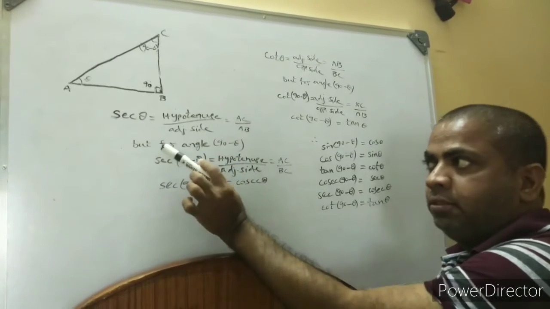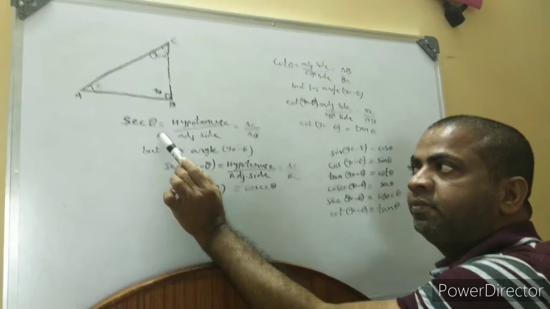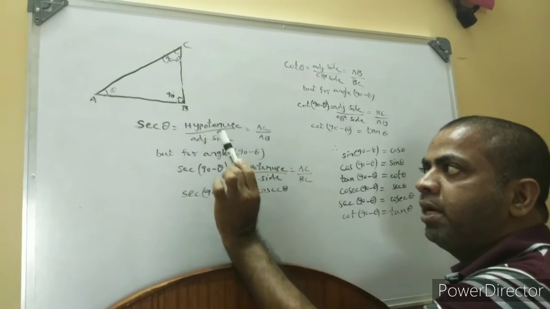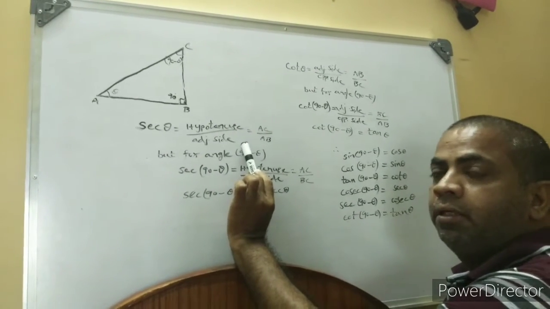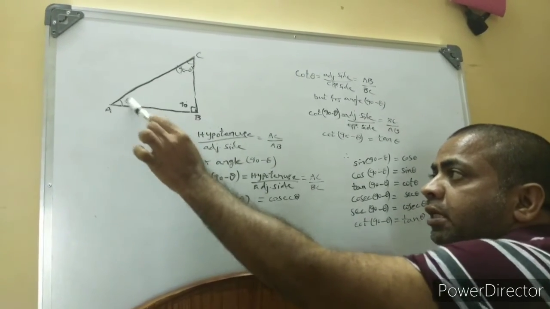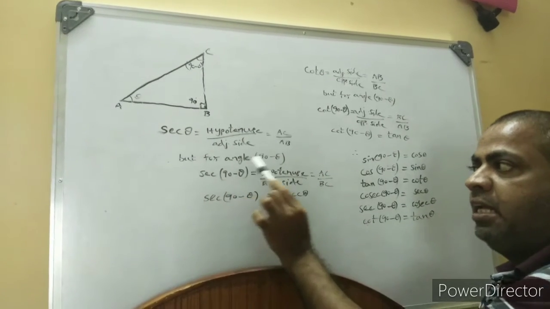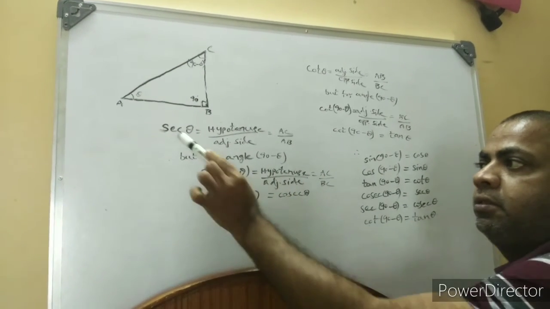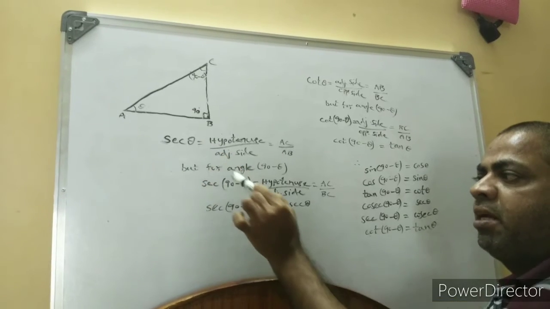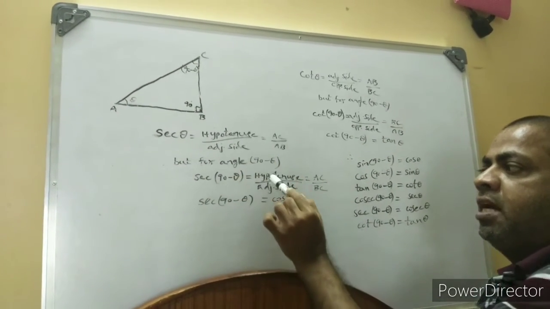Next, we have to see secant theta. The general definition is the hypotenuse by the adjacent side to theta. The hypotenuse is AC and the adjacent side to theta is AB, so AC by AB. But for the angle 90 minus theta, in place of theta I am writing 90 minus theta, and the definition is as it is.